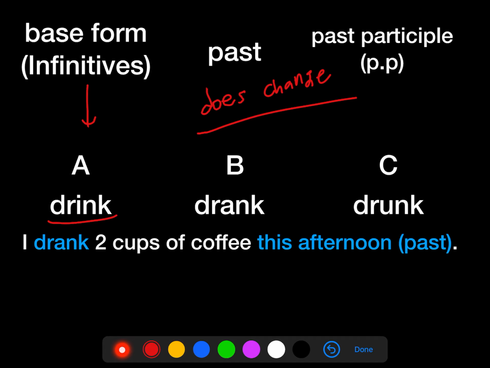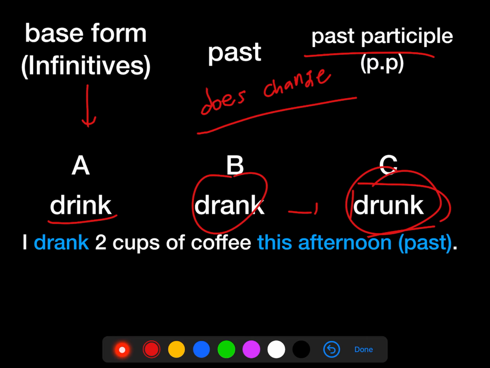But when you want to talk about the past, we say drank. And the past participle is drunk. I'll talk about the past participle tense, I will make a video about PP soon, so don't worry. So drank. Let's have a look at the examples.